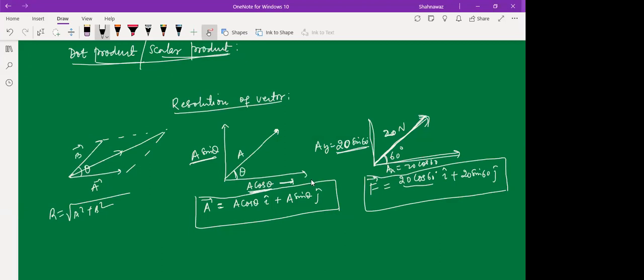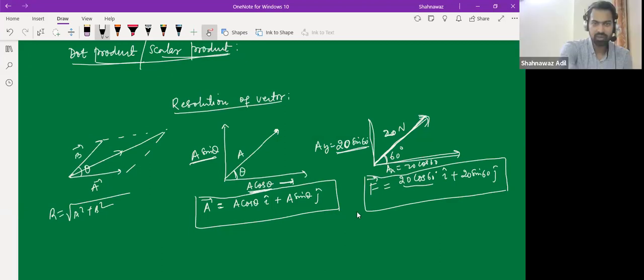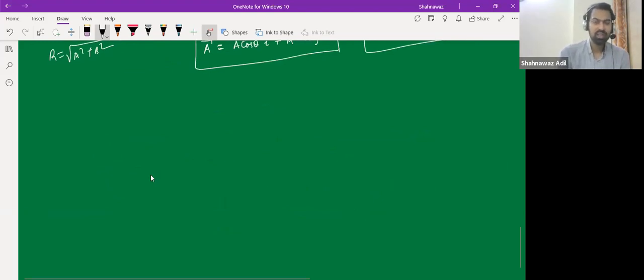And then we have this three-dimensional coordinate system.